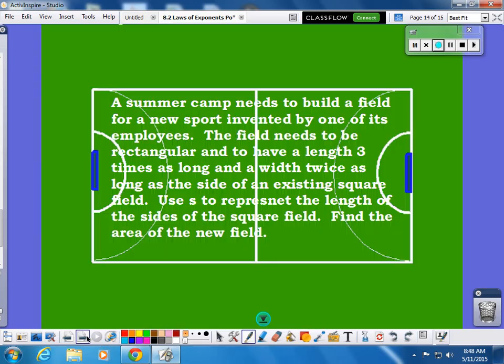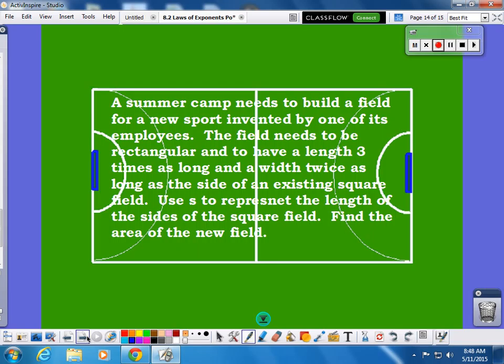Alright. Look now on page 382. A summer camp needs to build a field for a new sport invented by one of its employees.